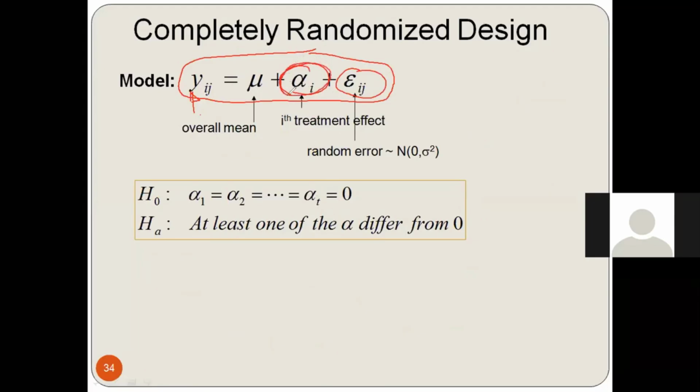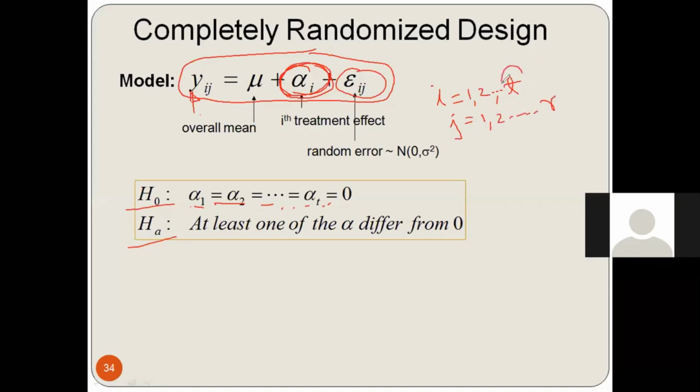This is the treatment effect. So we can write down our null and alternative hypotheses. Our null hypothesis, for any number of treatments, simply: alpha 1 equal to alpha 2 equal to alpha 3 and so on, up to alpha t, for t number of treatments. Here i starts from 1, 2 and goes up to t, and j starts from 1, 2 and goes up to r.